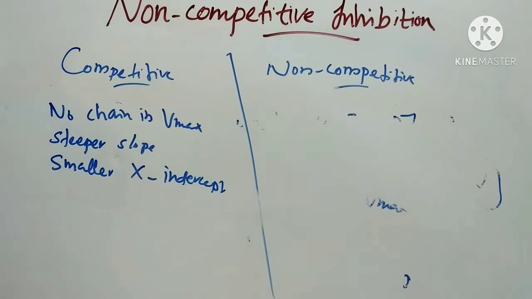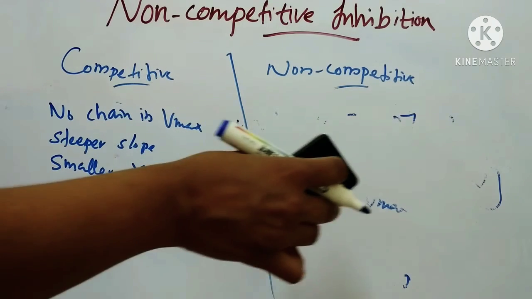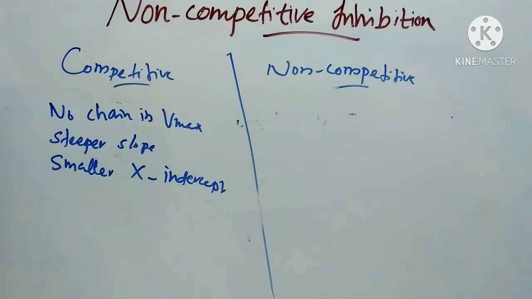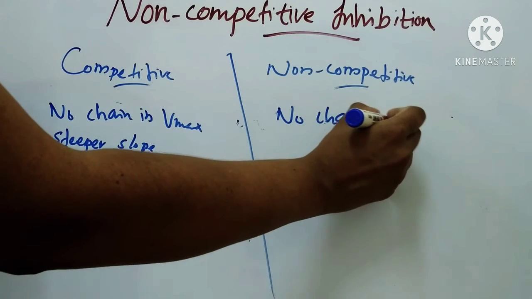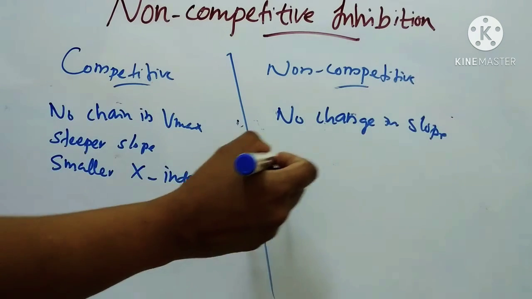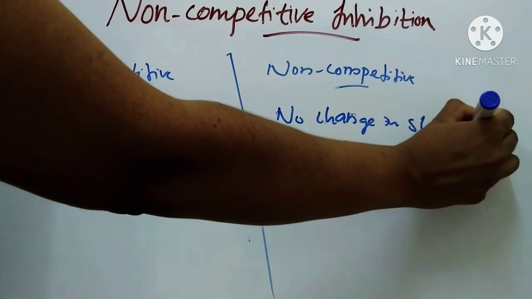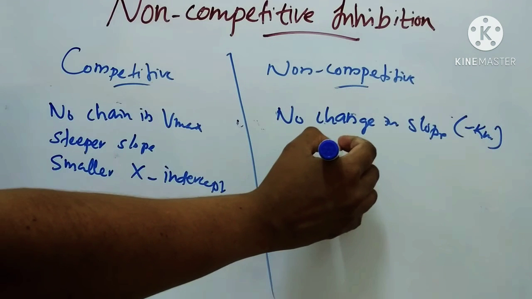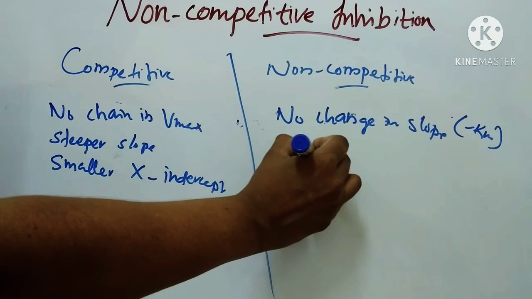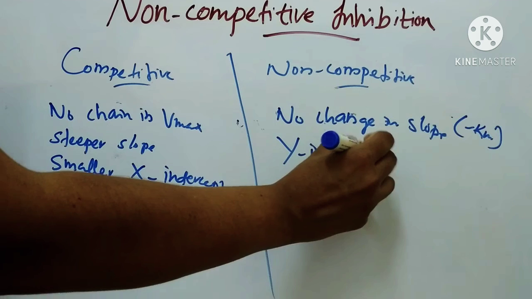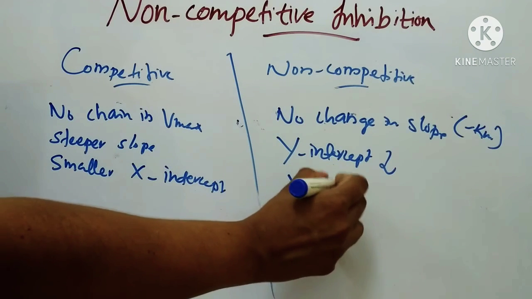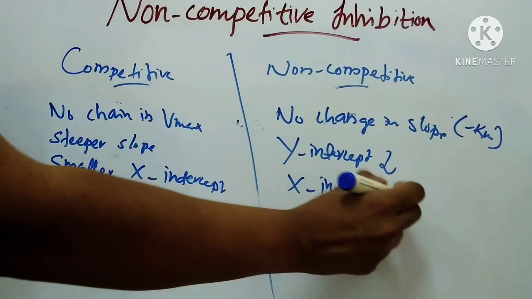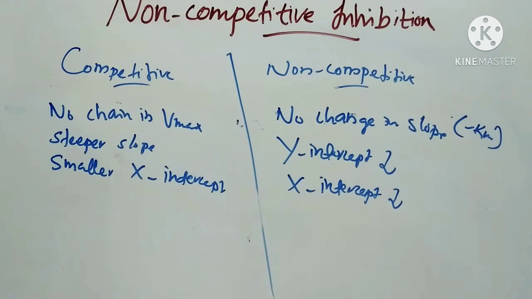In the case of non-competitive inhibition, there is no change in slope, and the x-intercept is minus Km, the y-intercept is lowered, and the x-intercept declines in value. Those are the main differences between competitive and non-competitive inhibition.